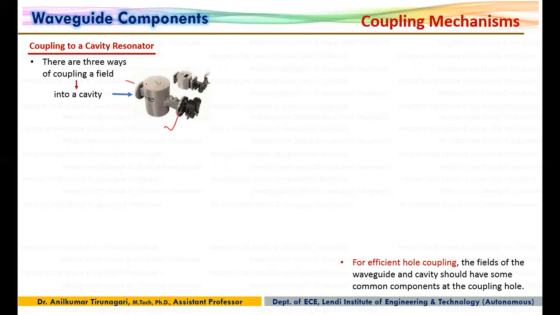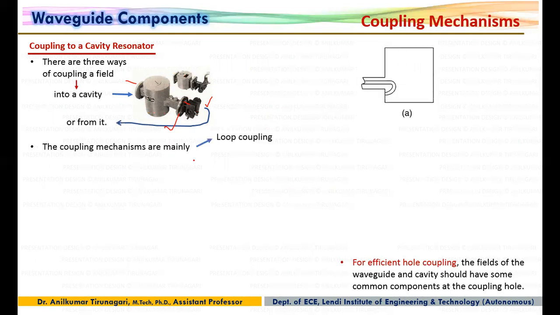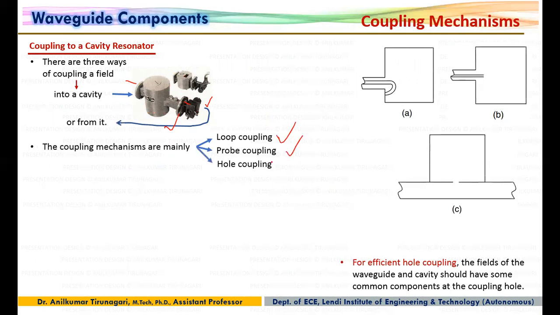This is one port, this is another port, and these are the connecting elements. The coupling to or from a cavity resonator can be obtained like this. The coupling mechanisms are mainly of three types: one is the loop coupling, second is the probe coupling, third is the hole coupling. This is the loop coupling structure, this is the probe coupling structure, and this is the hole coupling structure.